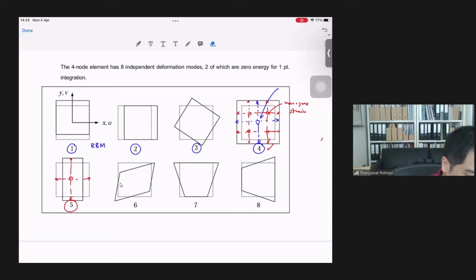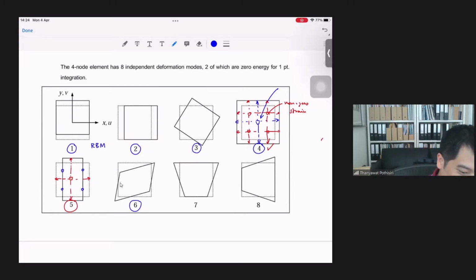Same thing, if you use 2-point rule, you would also have non-zero strain at this point. Okay. What about the sixth mode? You also have non-zero strains both for 1 point and 2 points, right? For the sixth mode.